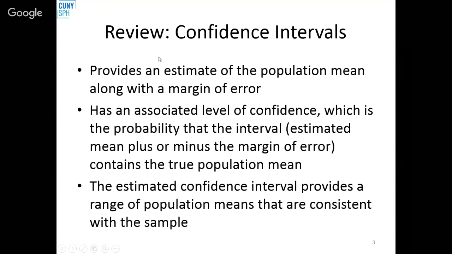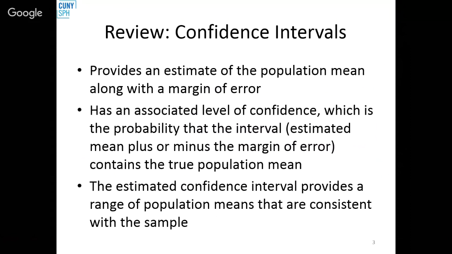In confidence intervals, we provide an interval with an associated level of confidence that we interpret as the probability that the interval, which is the estimated mean plus or minus the margin of error, contains the true population mean. Another way to think of it: if you take a large number of samples, there will be variation in the mean from sample to sample.